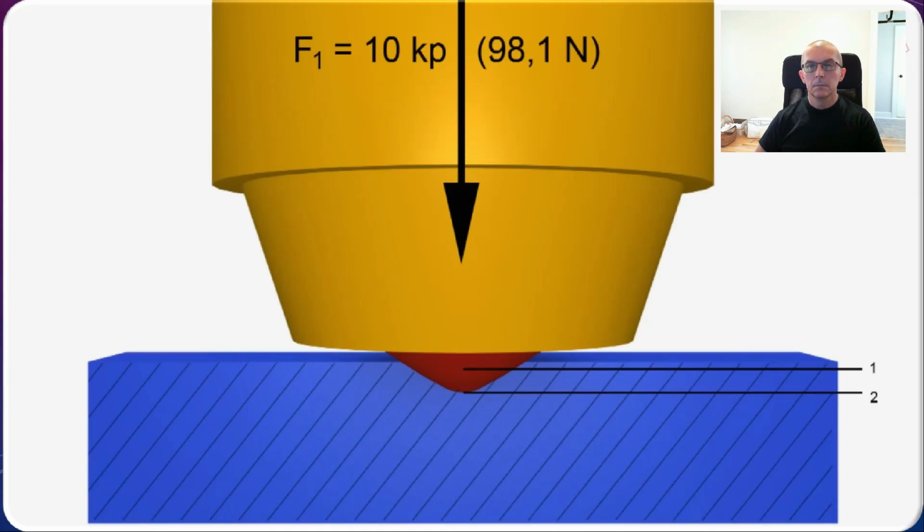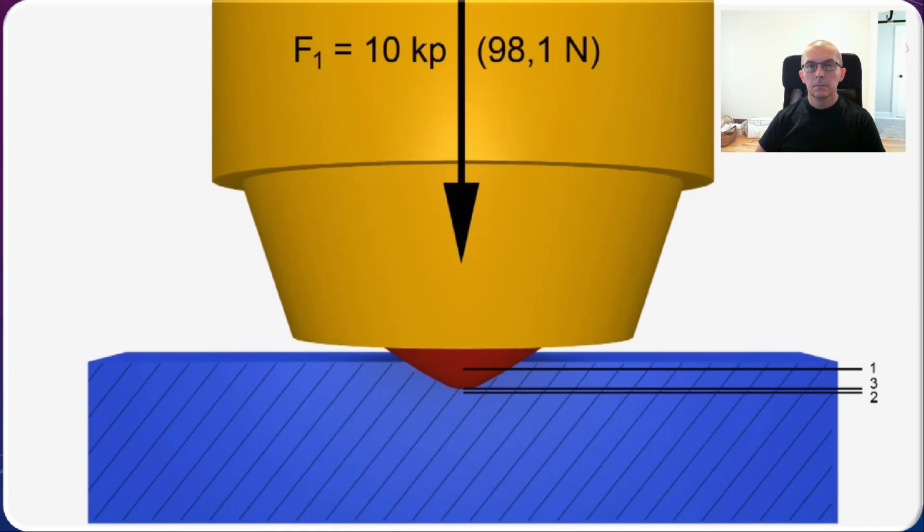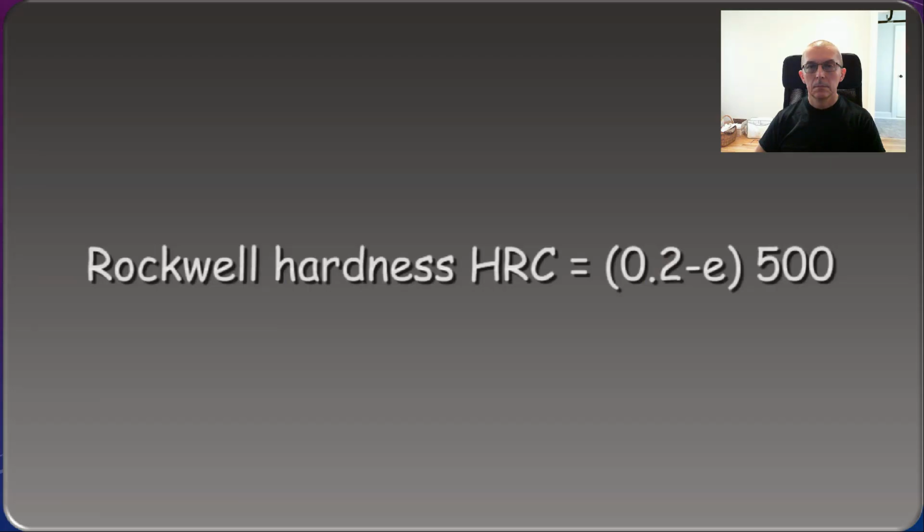In step 3, the major force is removed again. While the minor force is still acting, the permanent increase in depth of indentation E is measured. This is how the Rockwell hardness is calculated. Rockwell hardness HRC is equal to 0.2 minus permanent depth of indentation E in millimeters times 500.